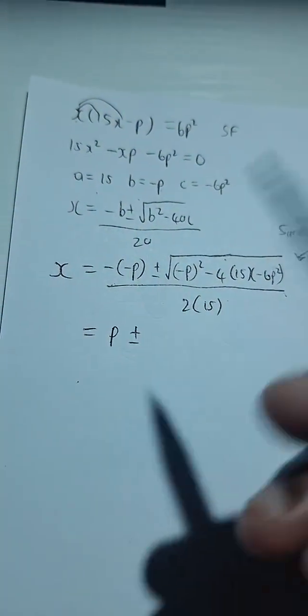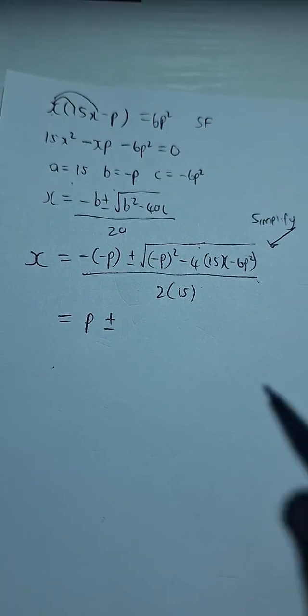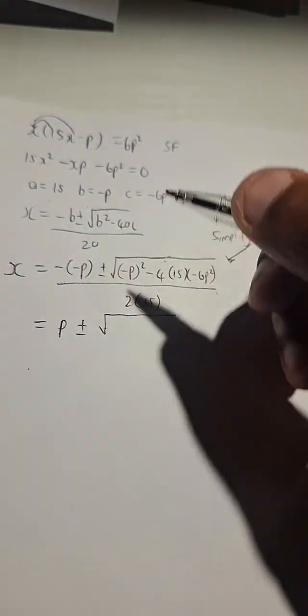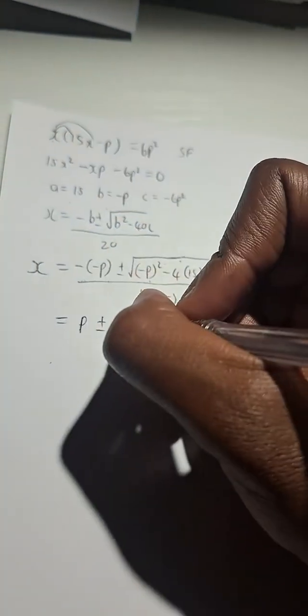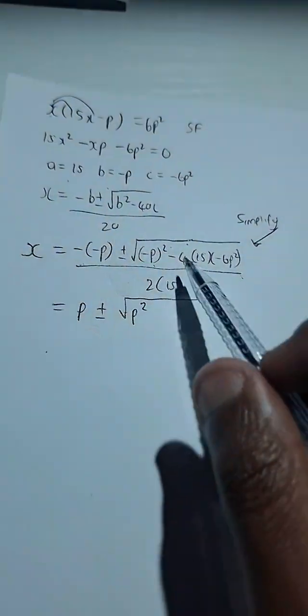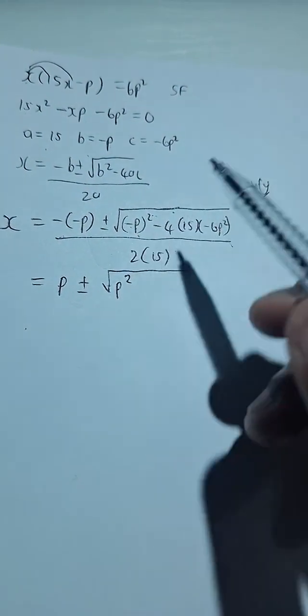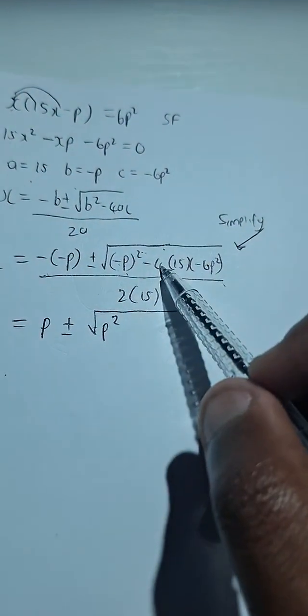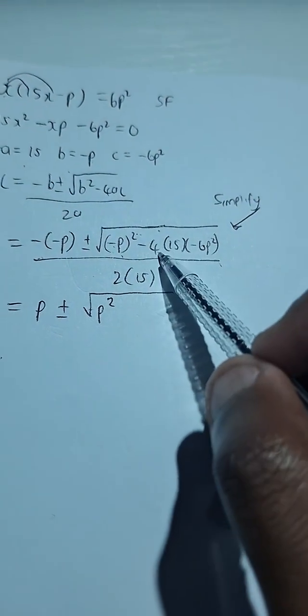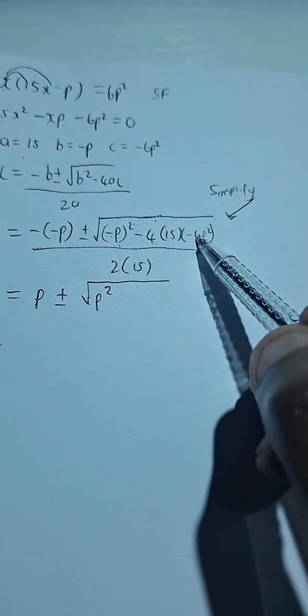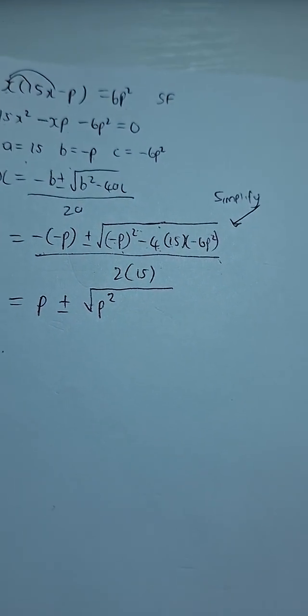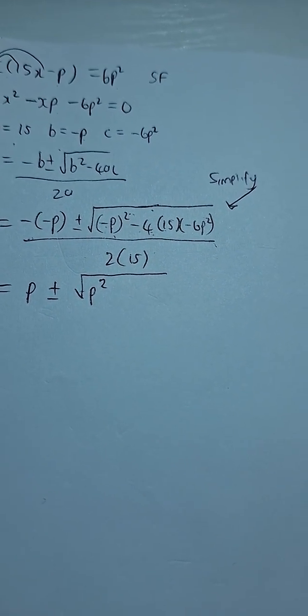So what's negative times the negative? Let's simplify that at least, that's positive. Surely that should warrant us some marks. Into, what's negative p, the whole thing squared? We have p squared, because a negative sign with an even exponent makes it positive. Then we have 4 times 15, that is 60, negative 60, and then negative 60 times negative 6, that is positive 360.